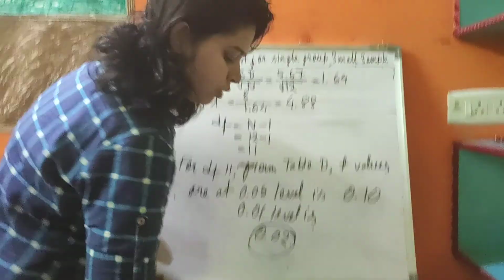You can see in the table there are four columns: 0.10, 0.05, 0.02 and 0.01.